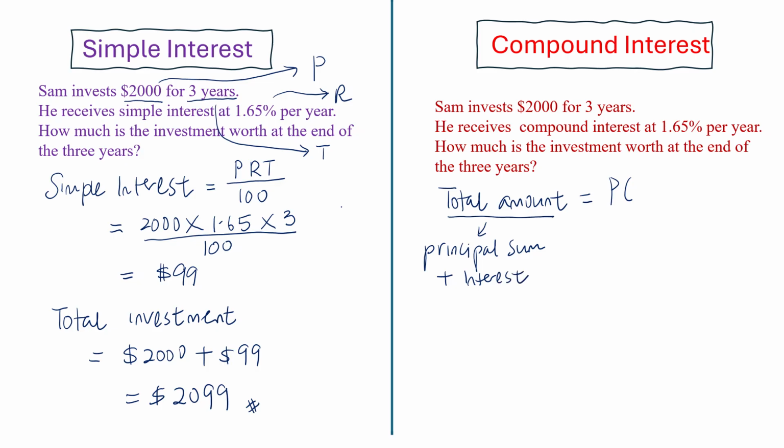And the formula is P bracket 1 plus R over 100 to the power of N. And in this example, P represents 2,000, R represents 1.65, over 100, to the power of 3.